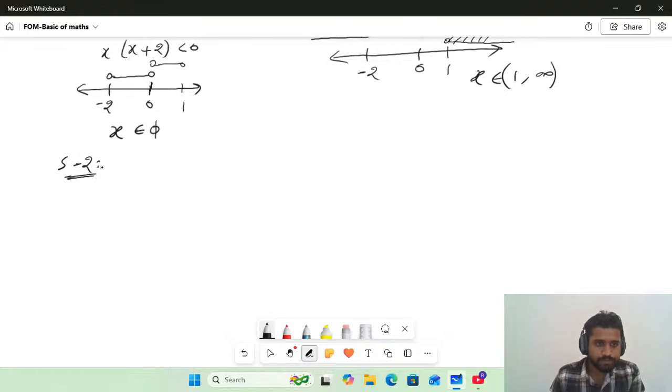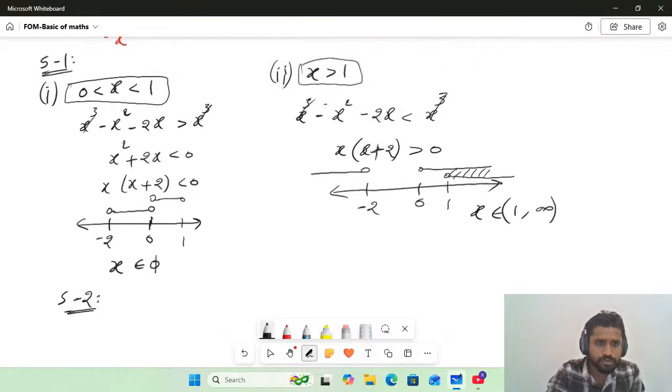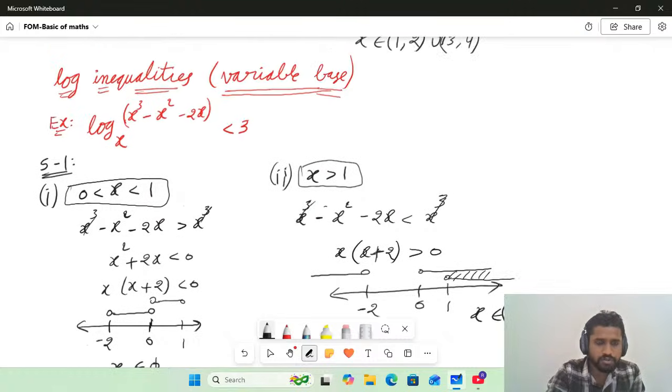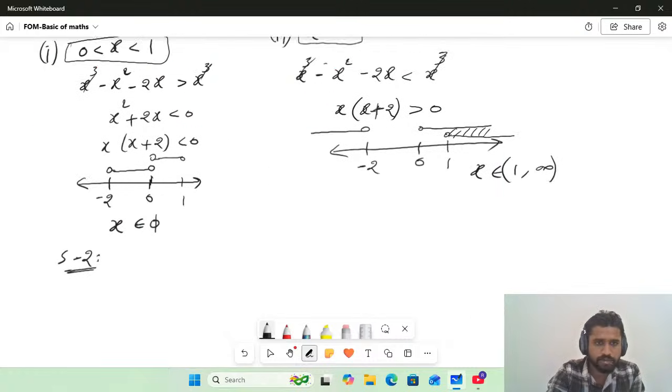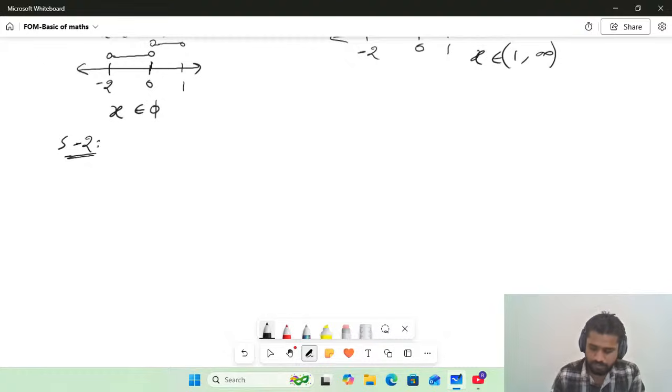So step 2, the domain should be greater than 0: x cube minus x square minus 2x should be greater than 0.